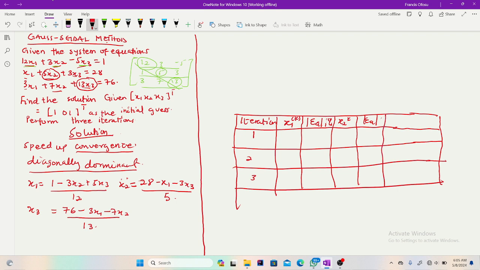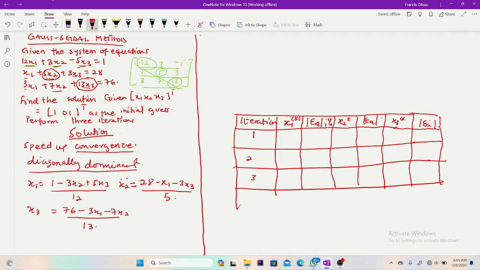Then you have our x3. Then the last error will be here. So once I have this iteration table, I'll simply compute my iteration. I'll come and fit in the values. For the first iteration, I simply have to find the new values of x1.